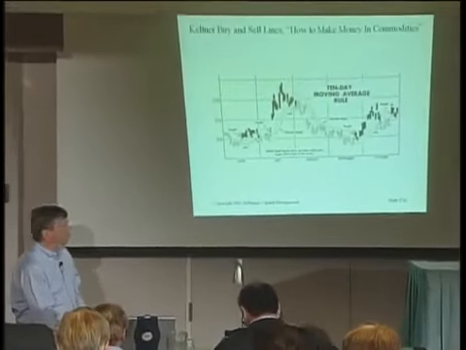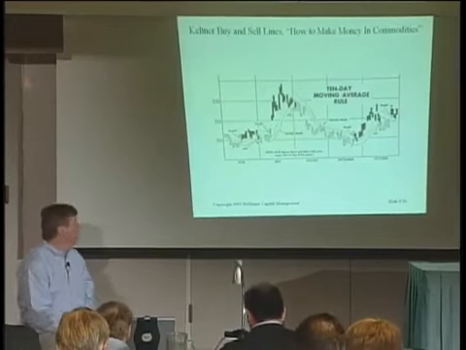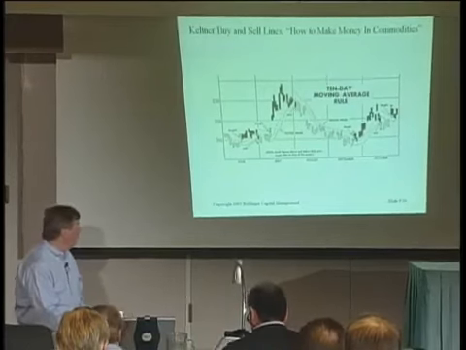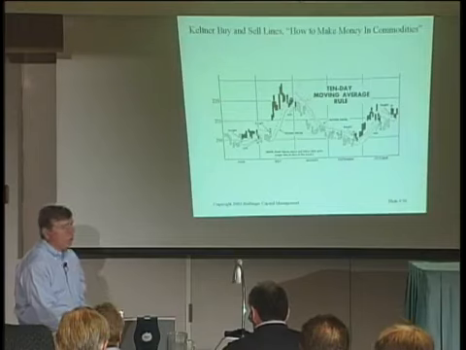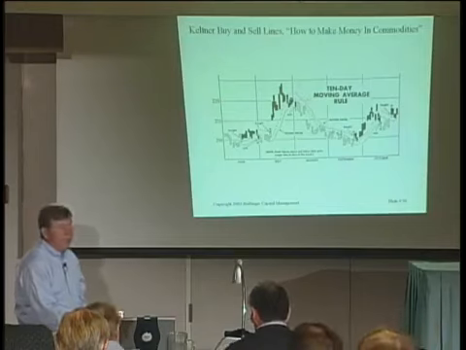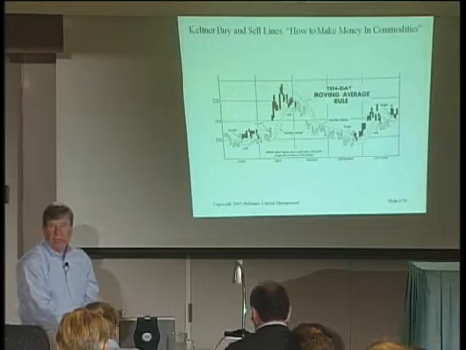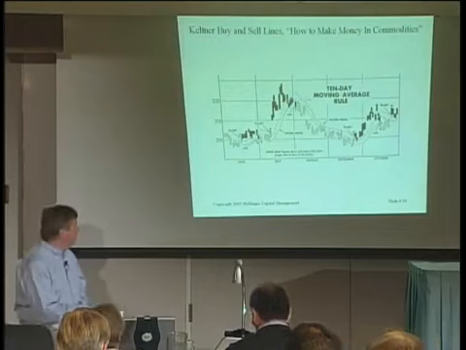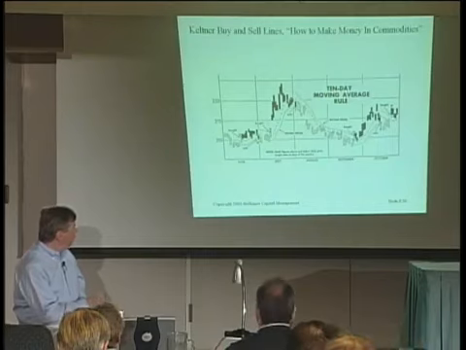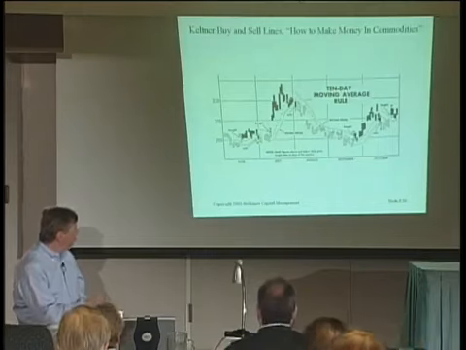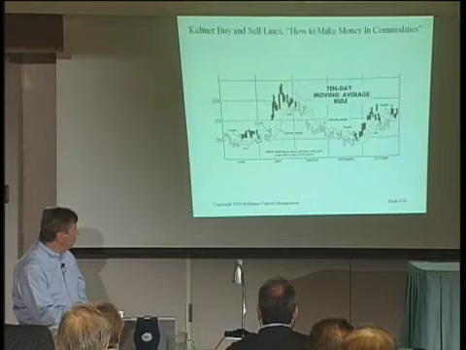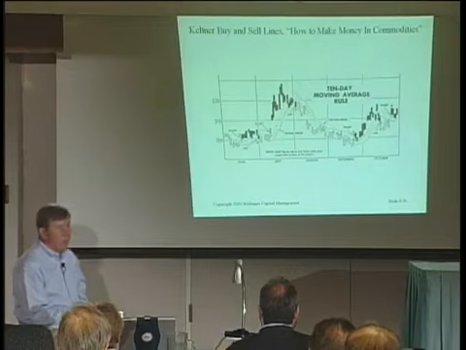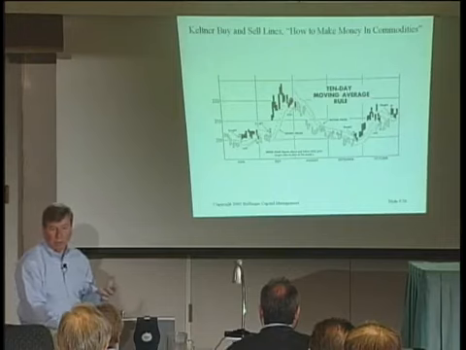The next source also comes from 1960. This is Mr. Keltner. A lovely book called How to Make Money in Commodities, had a number of interesting ideas. This is a breakout system. Essentially, he drew a line above the price structure that was reflected above a moving average by a measure of the height of the bars.